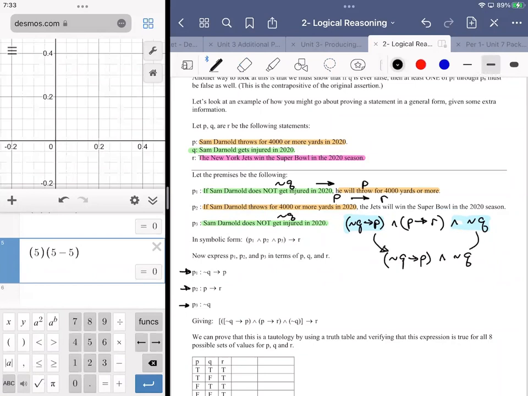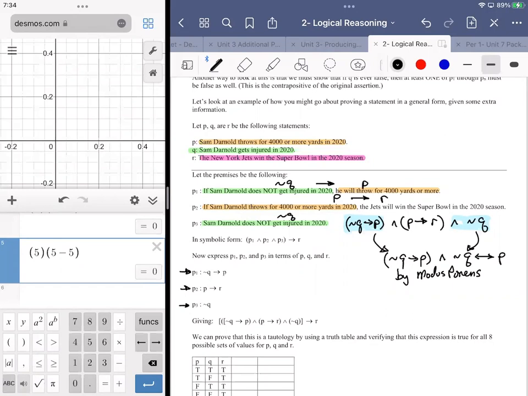Not much better. All right, but that result is going to be P by modus ponens. All right, that's the affirms by affirming. All right, so we've confirmed the premise, so the conclusion is true.